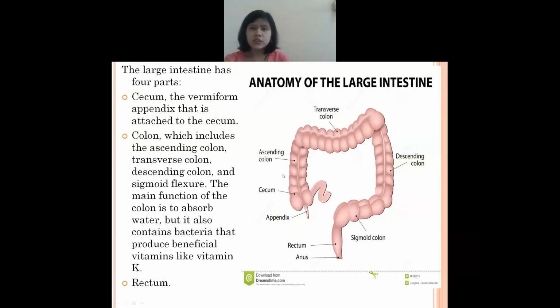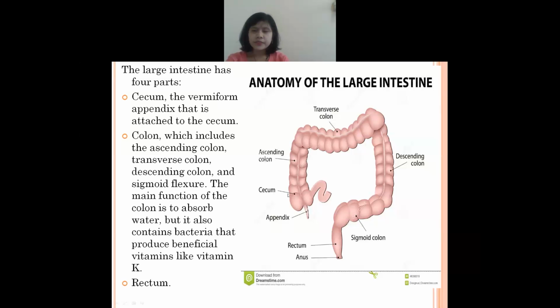The first one is cecum, and this colon is divided into four parts, and the last is your rectum. So these are the parts of the large intestine.